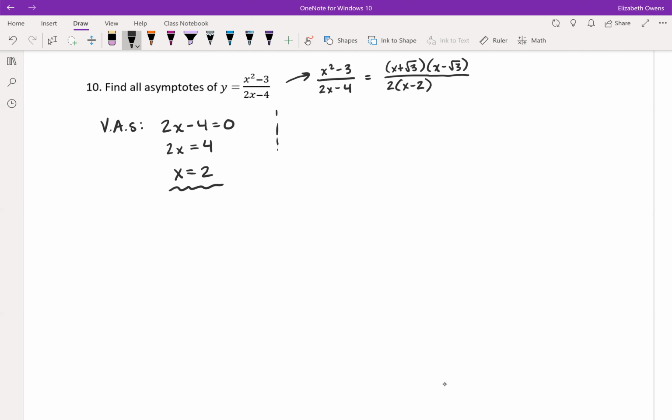Now, let's see about horizontal asymptotes. If you can spot the shortcut here, you can certainly use that. I'll just go through step by step. For horizontal asymptotes, we would want to check our limit as x approaches infinity of our function.